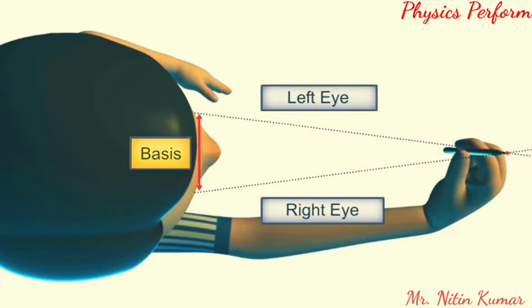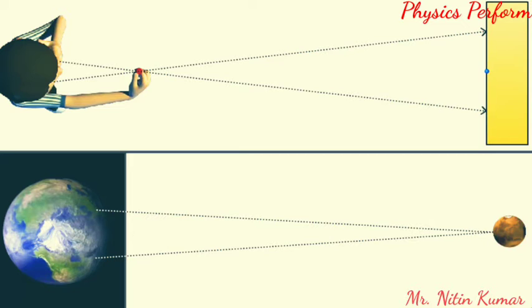Here, the basis is equal to the distance between two eyes. We use exactly the same method to measure the distance of a distant planet. Instead of two eyes, we view the planet from two different observatories on the Earth at the same time.